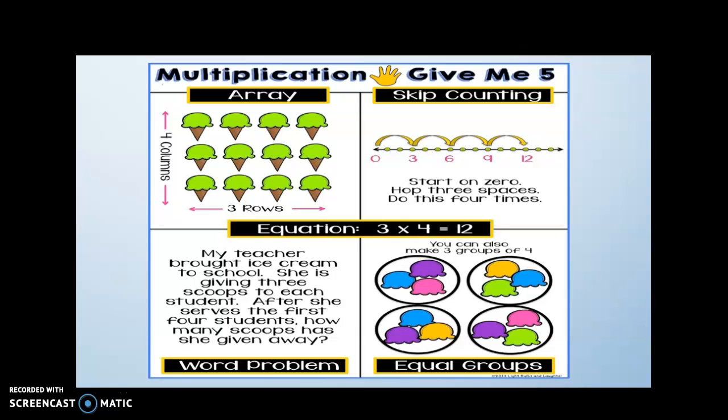We put our plan into action, and then we verify that our solution is correct. So with the equal groups, we can count each picture in the bubble to confirm that we have arrived at the correct answer.